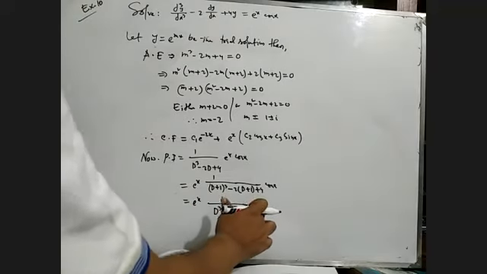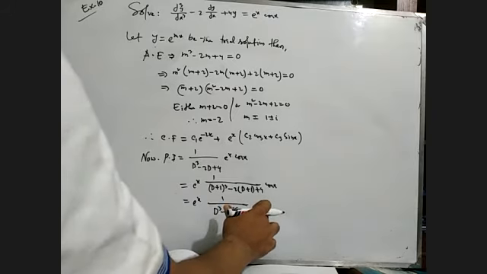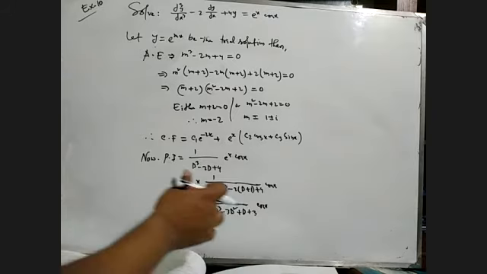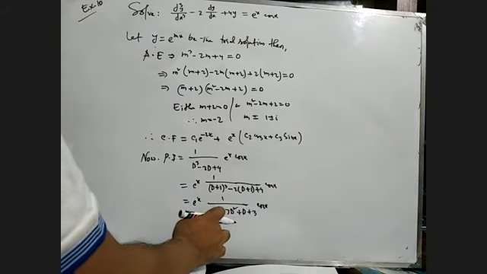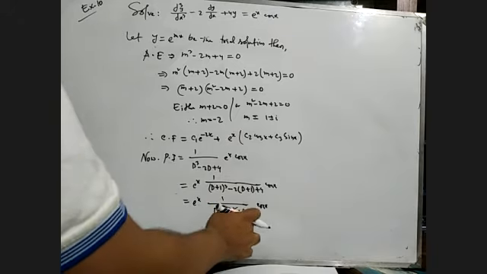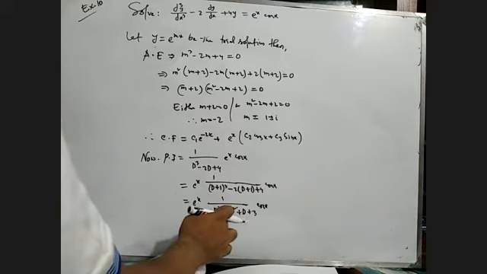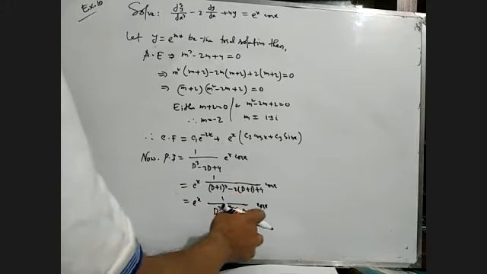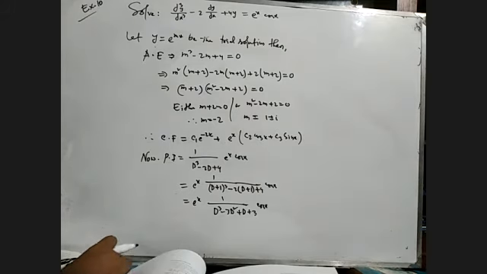But remember, if we put D square equals minus 1, where 1 is the coefficient of x in cos x, then it becomes a case of failure. This gives minus 1 minus 3 plus 3, minus 1, minus D plus D, which is 0. So this also is 0, and this becomes a case of failure.